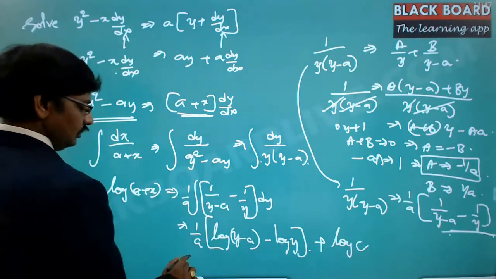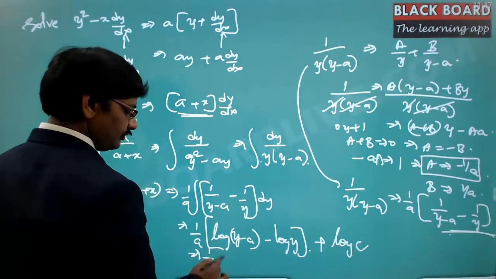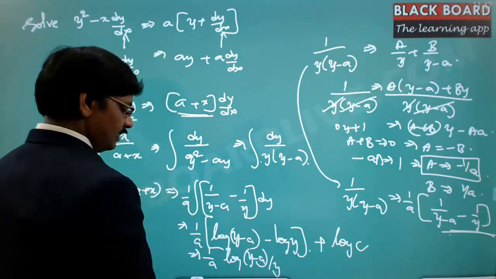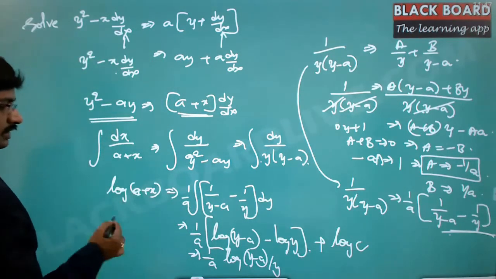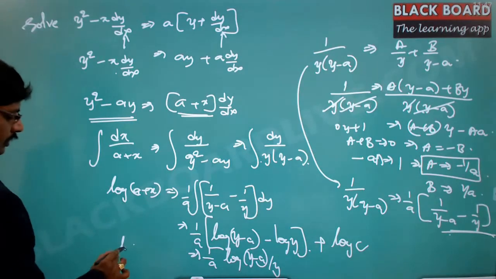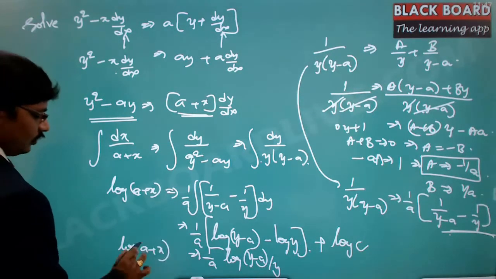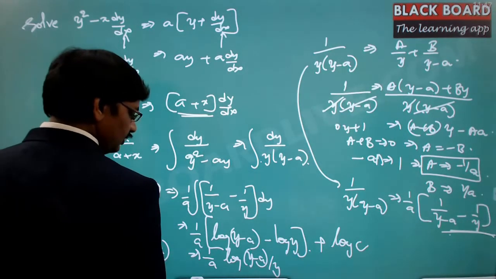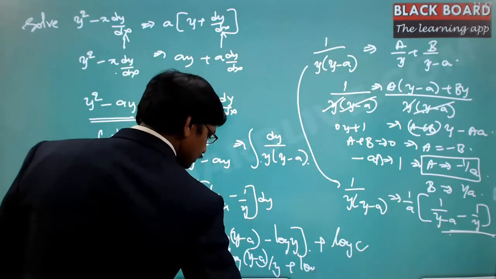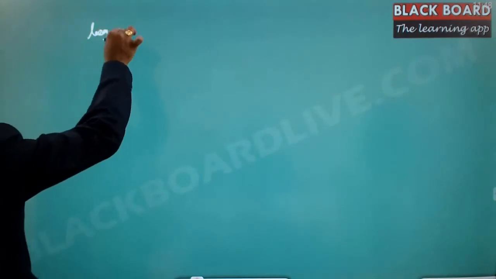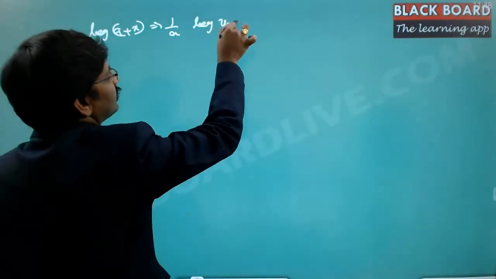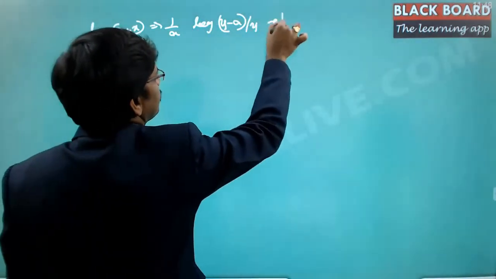So here 1 by a times log of (y minus a) by y, and then a log of a plus x, I will keep it as it is, plus log c. Or log of a plus x equals 1 by a log of (y minus a) by y plus log c.